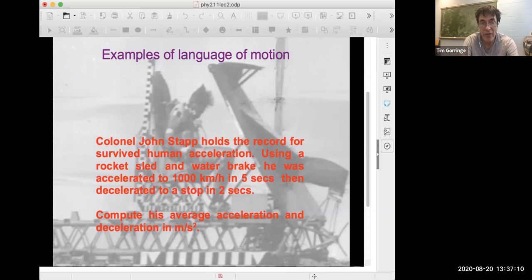So they strapped him in what looks like a shopping cart to me, on rails, and they accelerated him with a rocket and then decelerated him with a water brake, and basically figured out at what point he passed out. He survived all this, and he was sort of a hero for all of this.